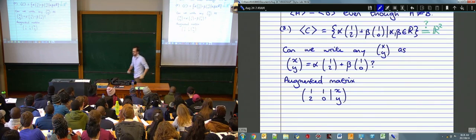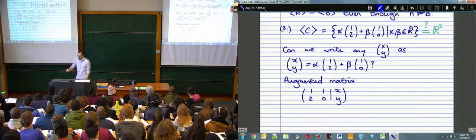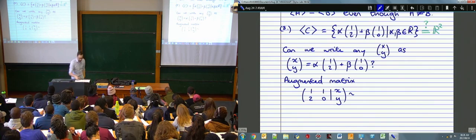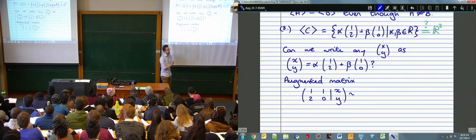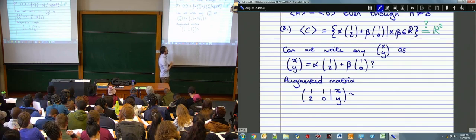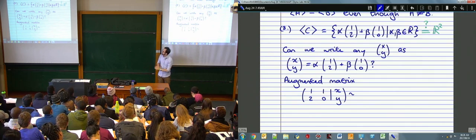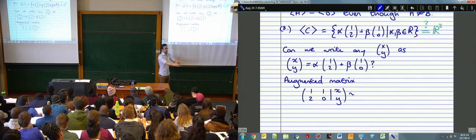So we write down an augmented matrix like this, and you can try to Gauss reduce that a little bit and see if you can get values for alpha and beta. Well, you should be able to get values for alpha and beta. So do the Gauss reduction, and once you've done that, we'll think about what that actually means.